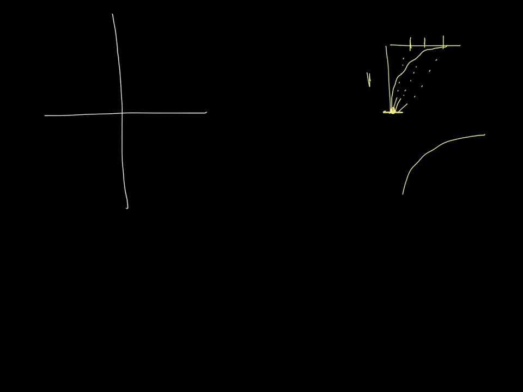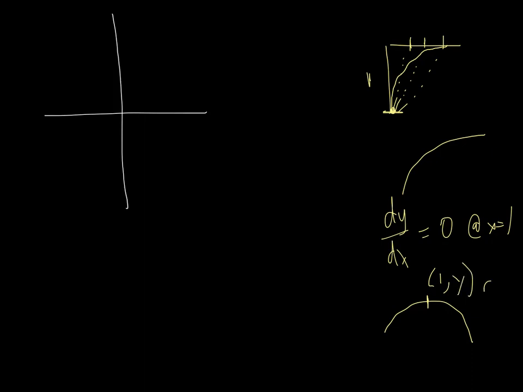So I think that what Stefan is trying to tell you when he says that dy/dx equals 0 at x equals 1 is that we're looking at a parabola where at this point, x equals 1, we don't know what y is, but we do know that dy/dx, or the slope at that point, is 0. In other words, that's a turning point, so it's got to be a max, right? So then it's going to start to come back down.